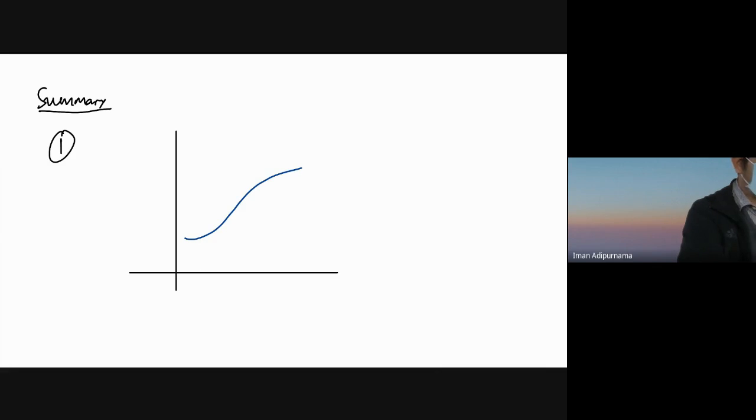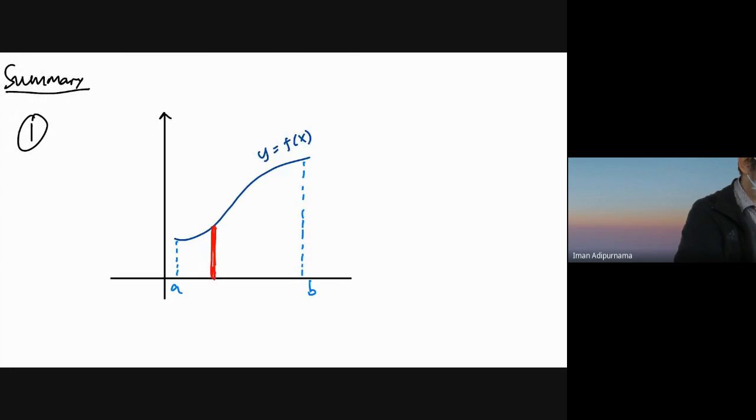of volume. So first, if I have y equal f of x, from A to B, and you have rotated. You want to find the volume in between this f of x with x from A to B, rotated through the x-axis.